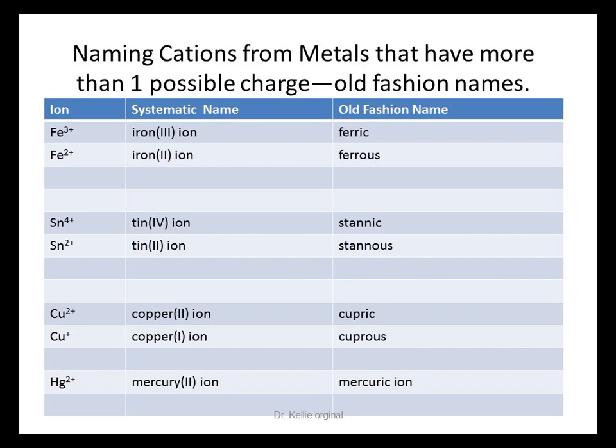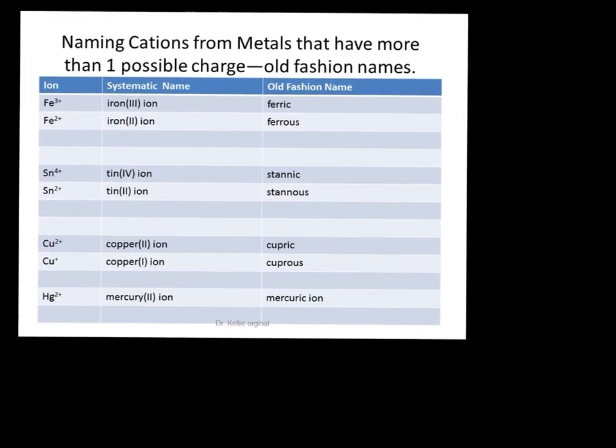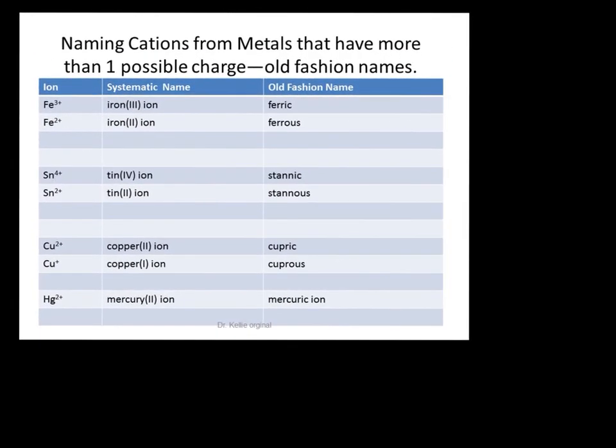The only thing I can really do to help you with this old-fashioned nomenclature is to point out that there is a pattern. The higher charge has the smaller name. In other words, out of a pairing, ick always goes with a higher charge.